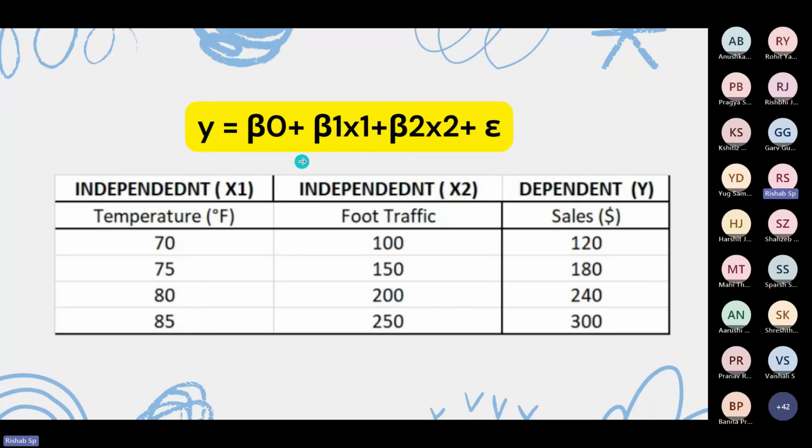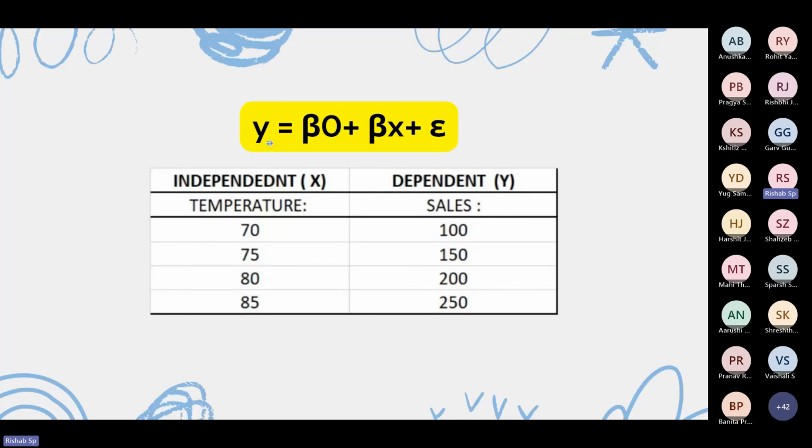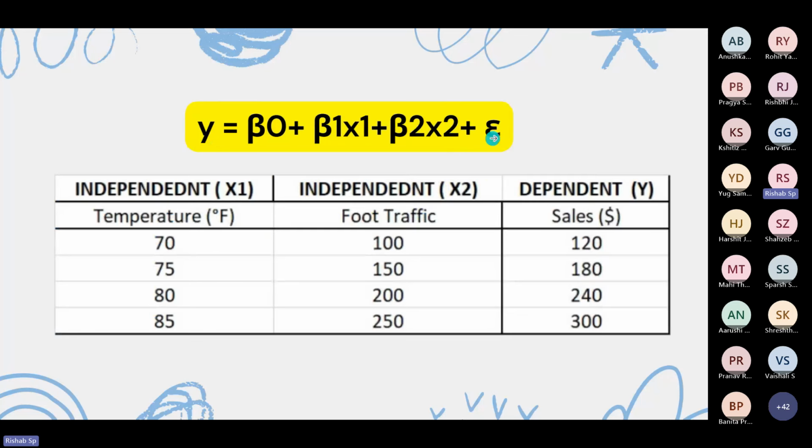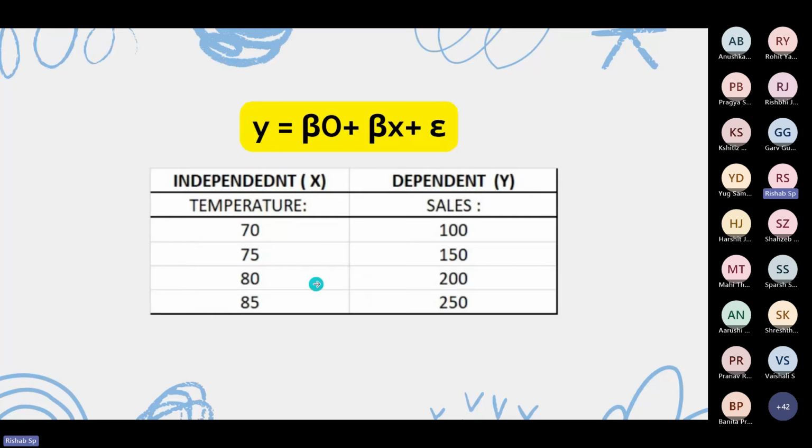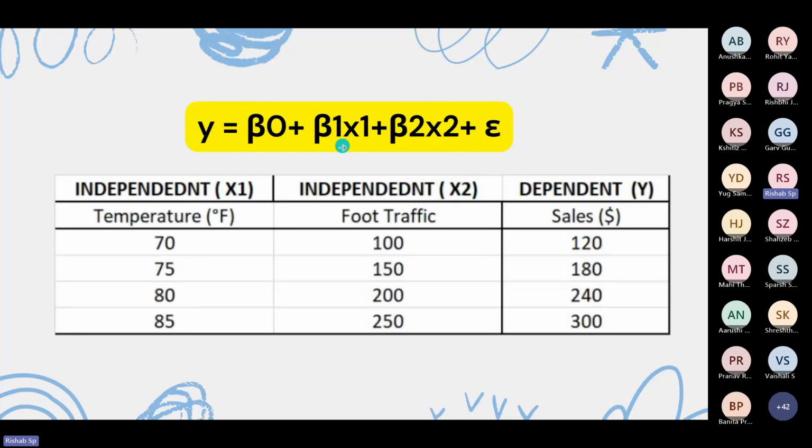So beta 0 is always the same. Here you have the error term, and here also you have the error term, basically the same. Y will always be the same, the dependent variable, right? Next, you will have beta 1 x1. X1 is the first independent variable we considered. To make a better decision, he also started considering the foot traffic, so it's x2.